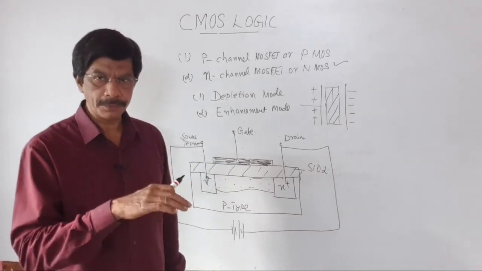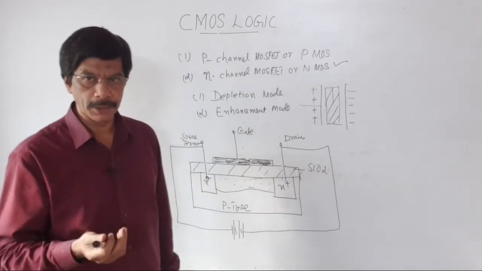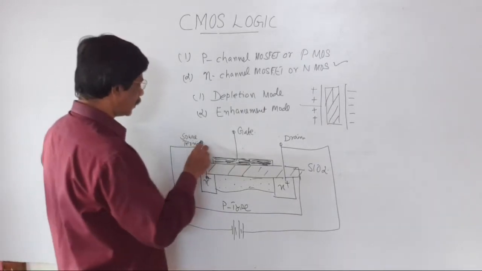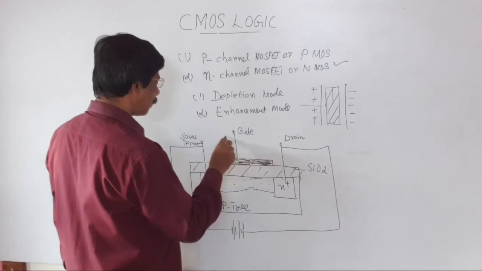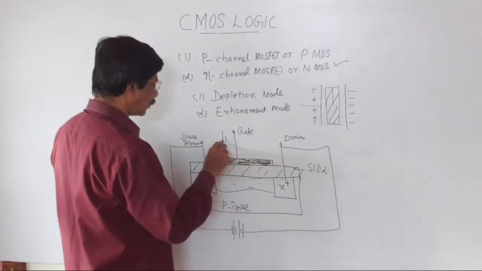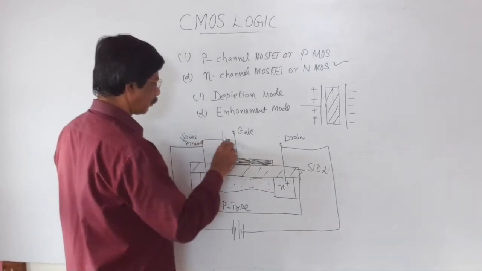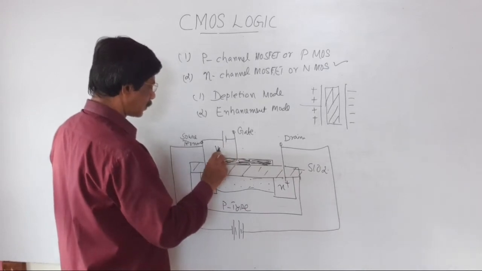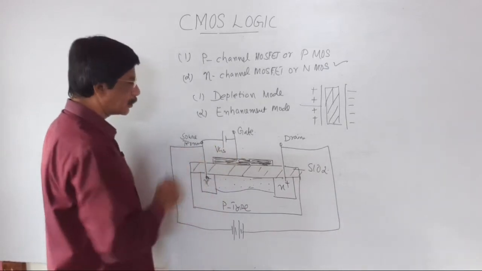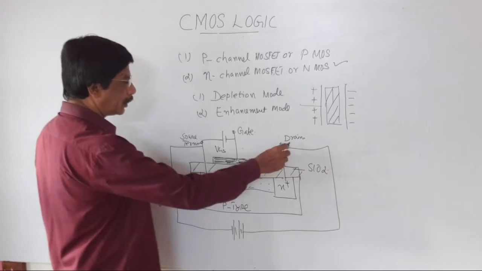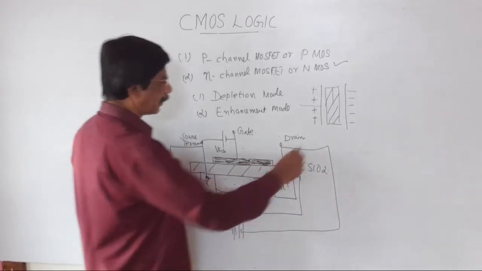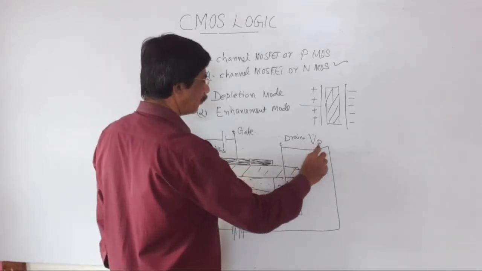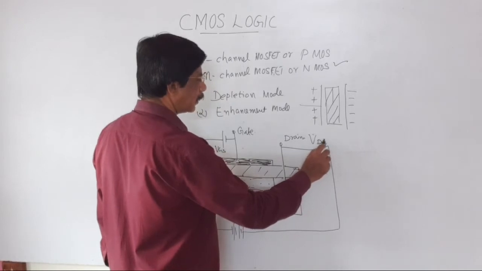You can operate with both negative voltage and positive voltage. First, let us consider the gate operated with negative voltage with respect to source. This is VGS, the voltage between gate and source, and this is the voltage between source and drain, equal to VDS, the drain and source voltage.